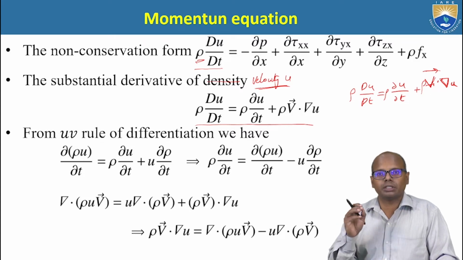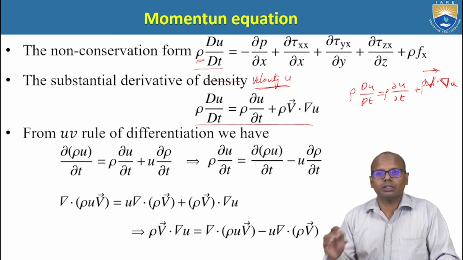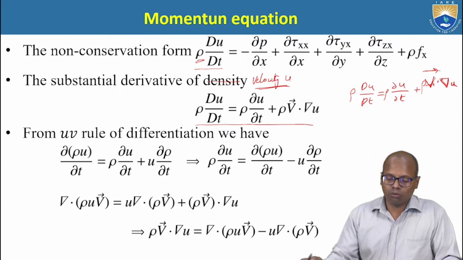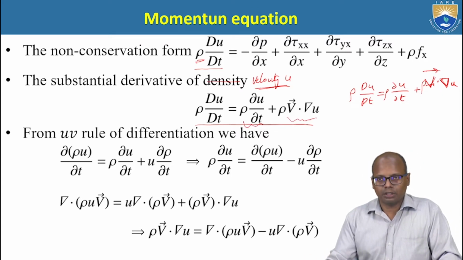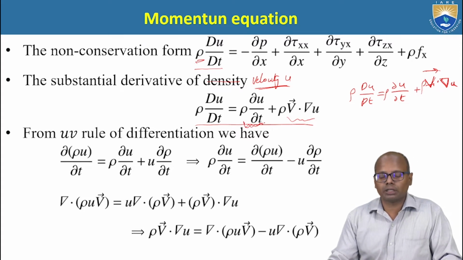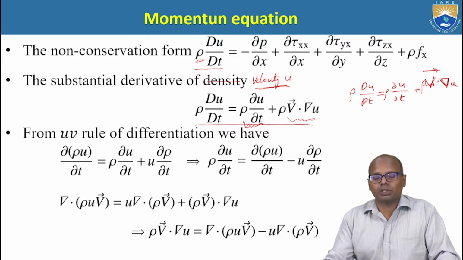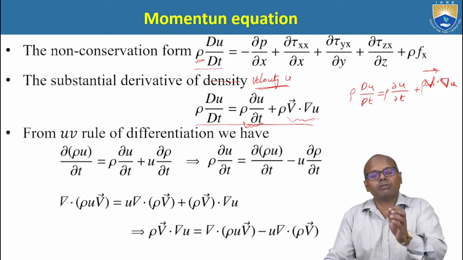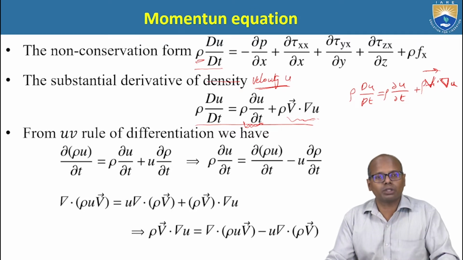Okay, the substantial derivative can be of velocity, density, temperature, anything. Here what we are studying is the velocity. Now we have two terms here. This is one term and this is another term. Just a side point: this is the local derivative and this is the convective derivative. The local derivative means at a given point with respect to change in time, what is happening to the velocity.